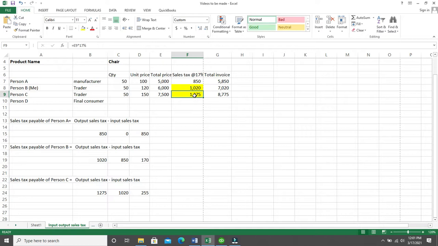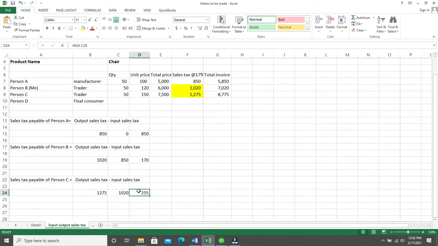So this is his output sales tax, and he has paid me 1020 as sales tax to person B. So this is his input sales tax. So his sales tax payable is 1275, output sales tax, minus input sales tax 1020, and the resultant tax is 255, which he shall pay to the government agency.